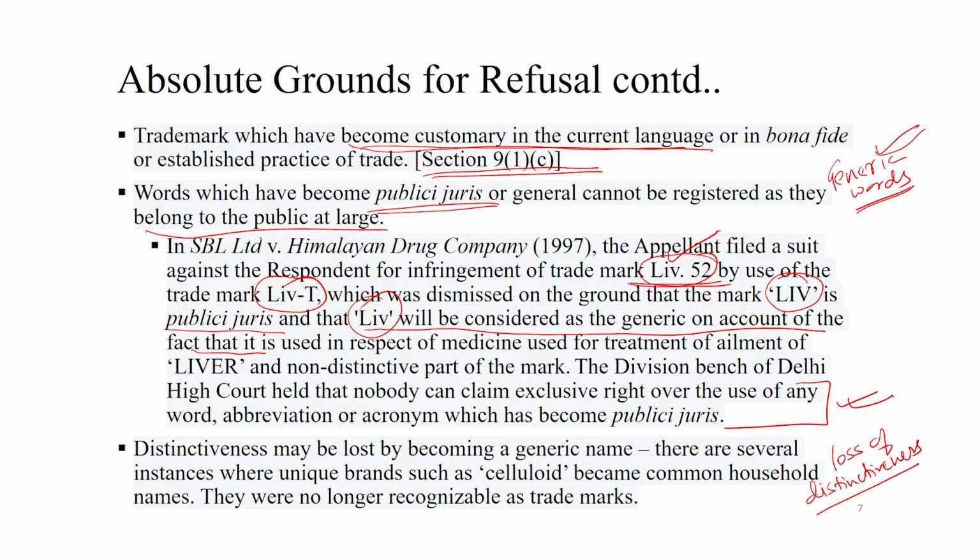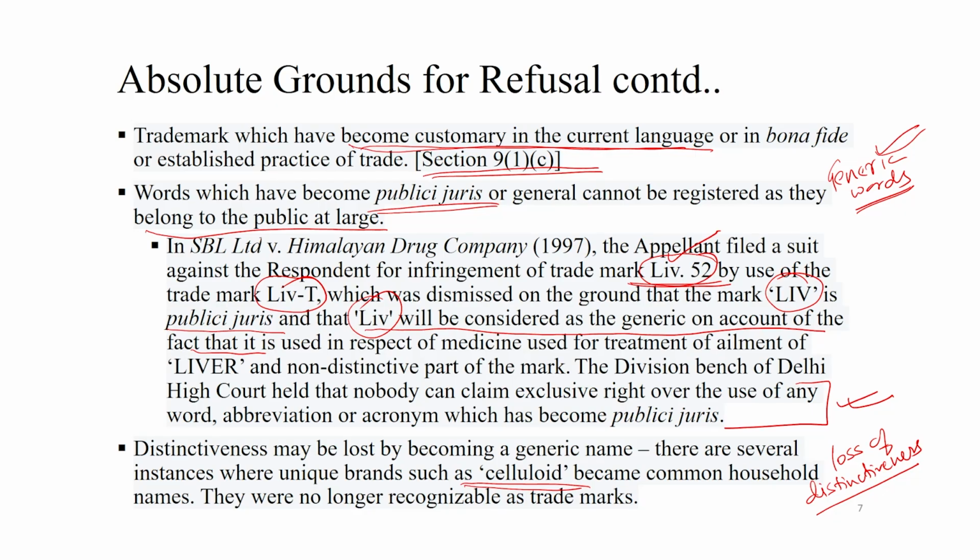It says that distinctiveness may be lost by becoming a generic name. There are several instances where a unique brand, unique words, for example, celluloid, it's a unique word. But this word celluloid has become a common household name.